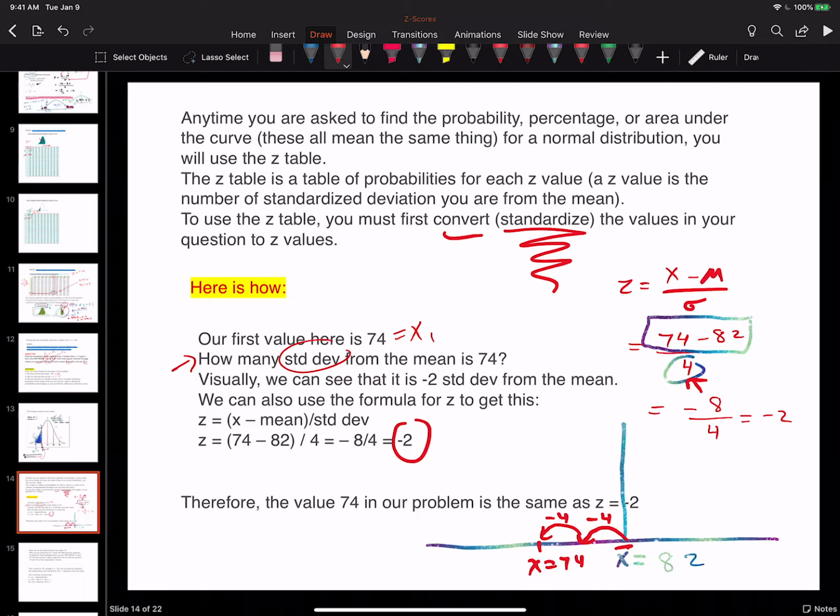The answer 6 means how many 5s into 30. Here we're saying how many 4s, because the standard deviation is 4. How many 4s is in the distance between x and mu? It's 2 4s to the left. That's why the answer is -2.